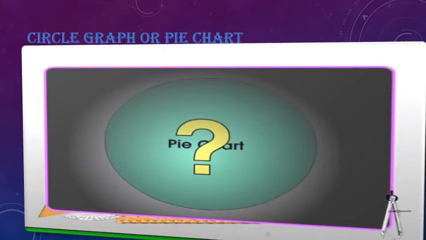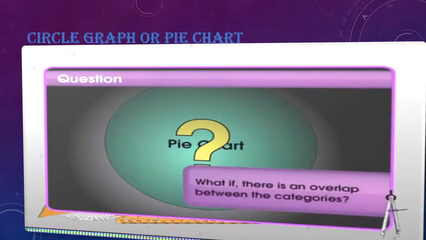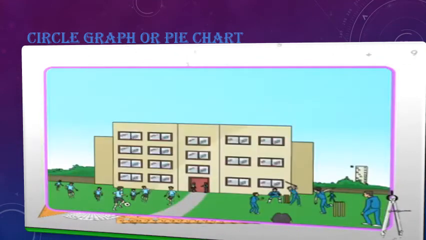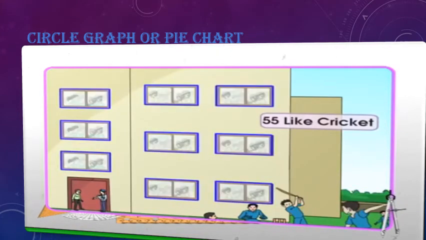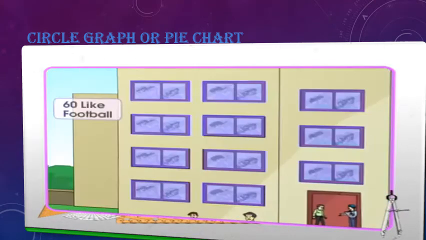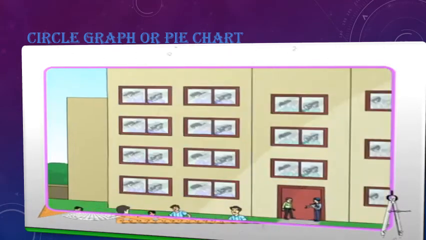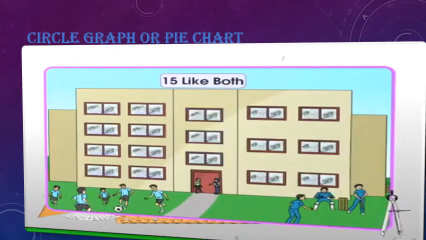Let's challenge our brains. What if there is an overlap between the categories which we need to represent through a pie chart? Consider this scenario. In a society of 100 people, 55 like cricket, 60 like football, and 15 like both.